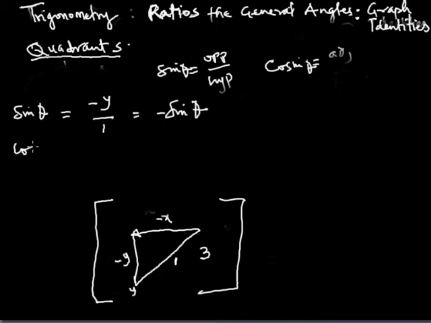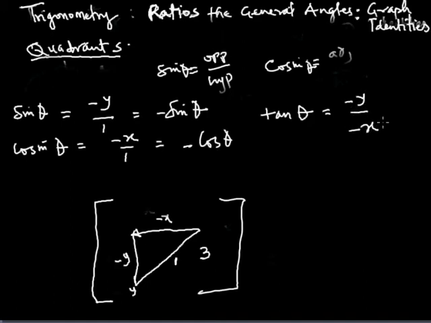Cosine theta is minus x over 1, which is minus cos theta. The tangent theta is minus y over minus x. If you cancel this out, we have a positive tan theta.